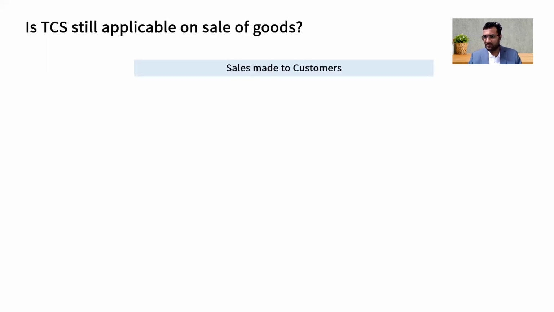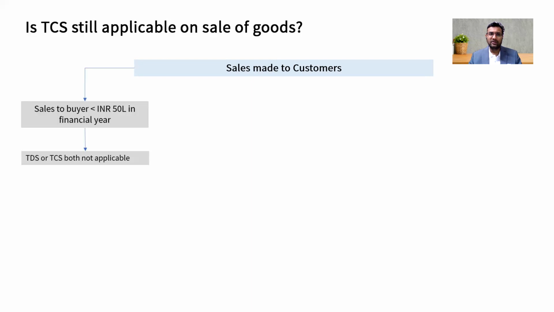So sales is made to a customer from the seller. Suppose the sales to the buyer is less than 50 lakh rupees in the financial year. So what happens? TCS and TDS both are not applicable, right? Because the limit which has been specified in the Act is 50 lakh rupees.